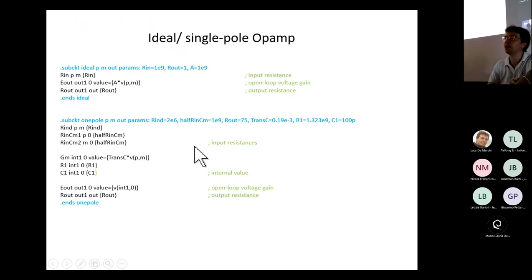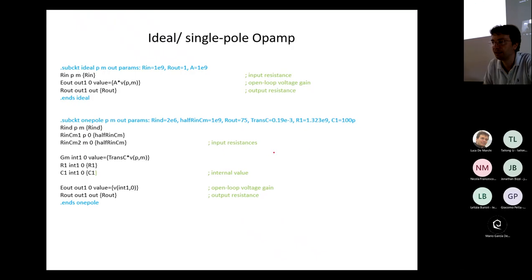in the study material, you can find also an alternative and more realistic version of the op-amp, which takes into account the fact that typically the transfer function of the op-amp is characterized by a dominant pole.